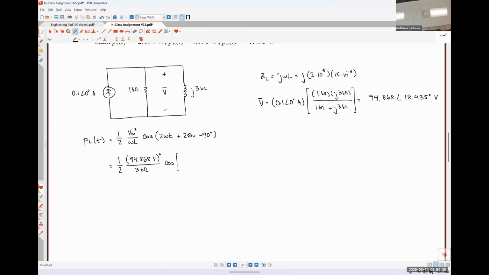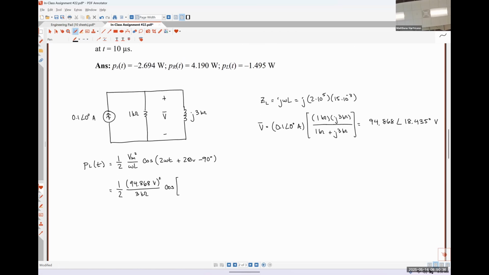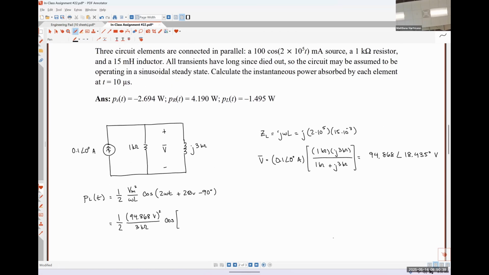I'm going to put braces right here. So we should have twice omega. Omega is given to be 2 times 10 to the 5, so I'm going to do 4 times 10 to the 5.